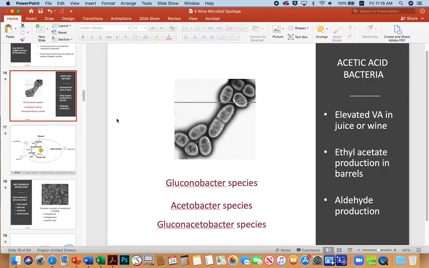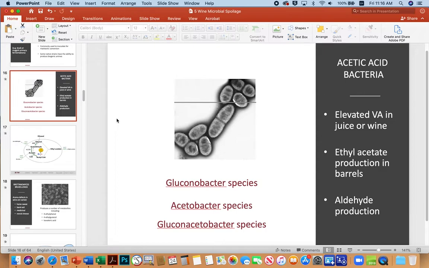Acetic acid bacteria are unique in the sense that they are gram-negative rods. All the other bacteria that I've talked about are gram-positives. These are aerobic organisms as well, and so they can grow when there's a bit of headspace left in a barrel, for example, during aging. The three main genera are Gluconobacter, Acetobacter, and Gluconacetobacter.